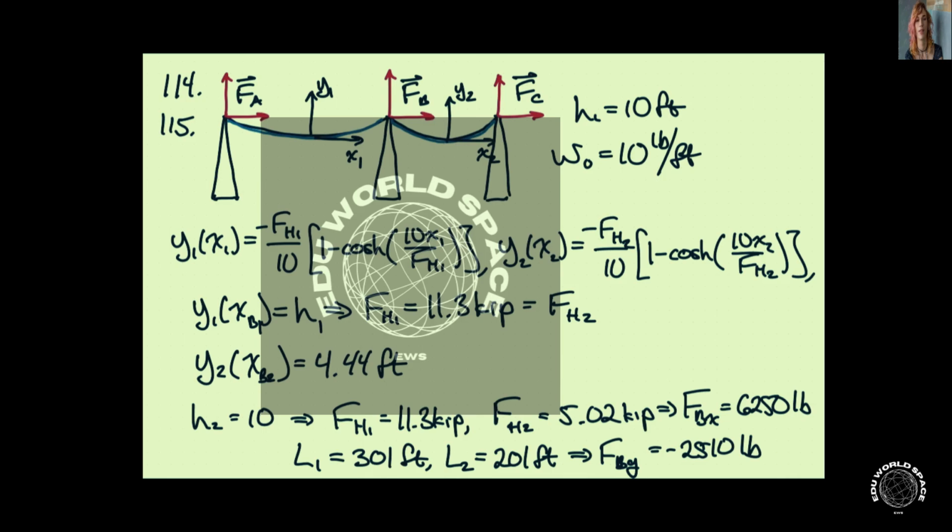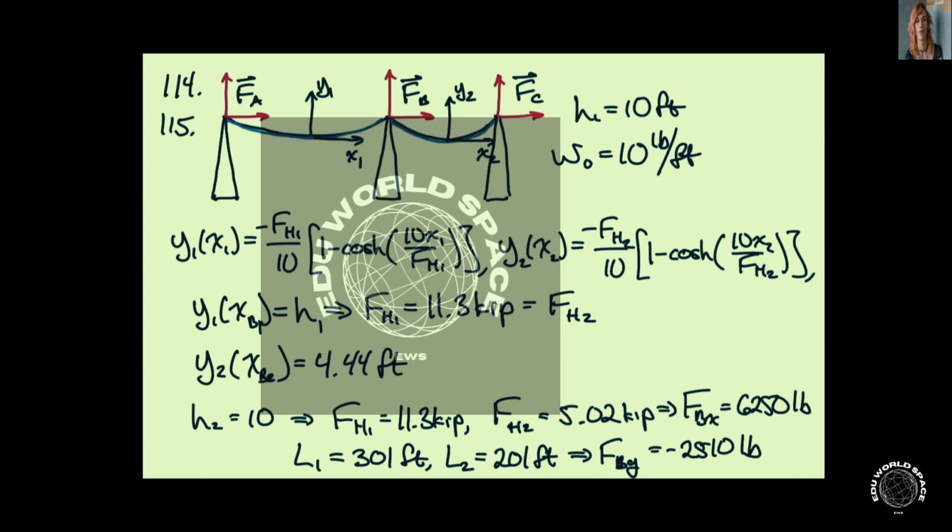So that would be what we'd need as a sag in this span. In this span, we have 10 feet, so this one would have to sag a little less than half as much as this one, even though the length is not half.